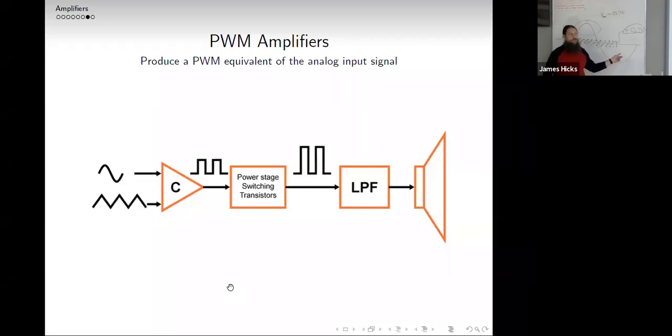I have to worry much less about distortion. The power stage switching transistors are just transistors that can handle a higher amount of current and voltage. So I get this bigger signal coming out, but it is still digital.